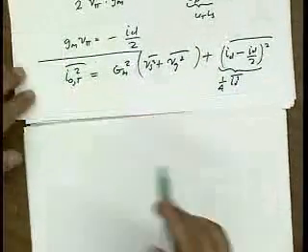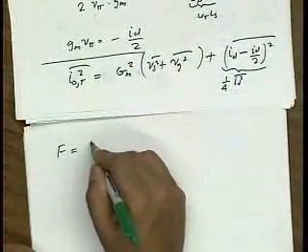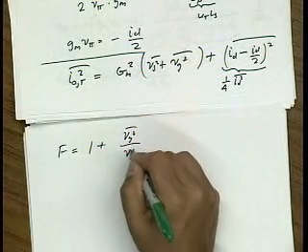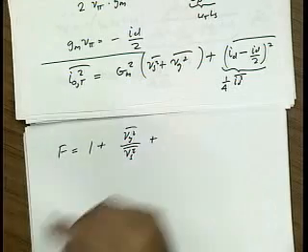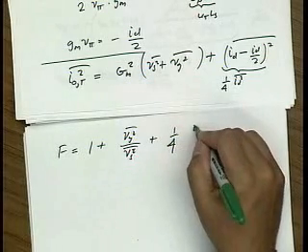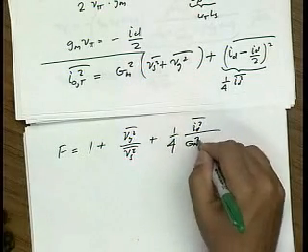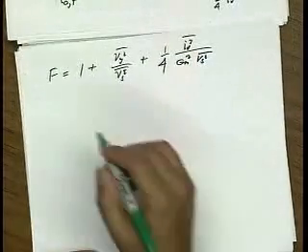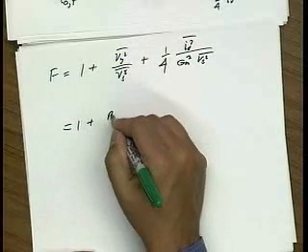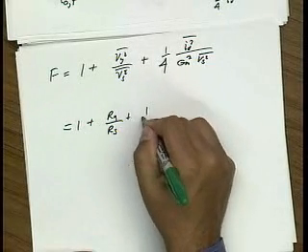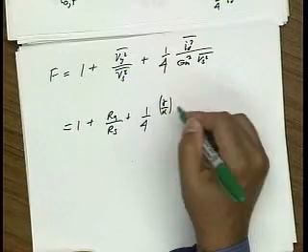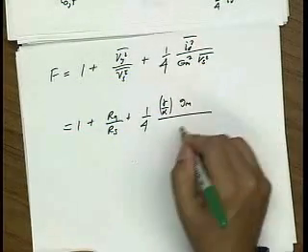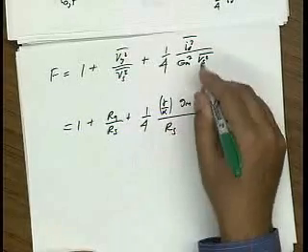Now let's figure out the noise figure. F is, again, just like before, 1 plus gate noise over source noise, plus 1/4 drain noise, divided by gm squared times source noise. And again, we substitute. This is Rg over Rs. This is gamma over alpha times gm. This is going to be Rs, this term here.